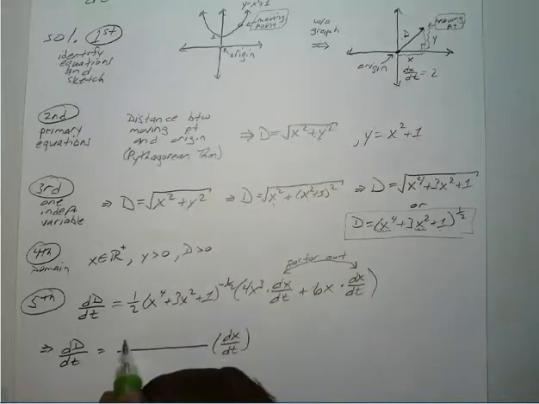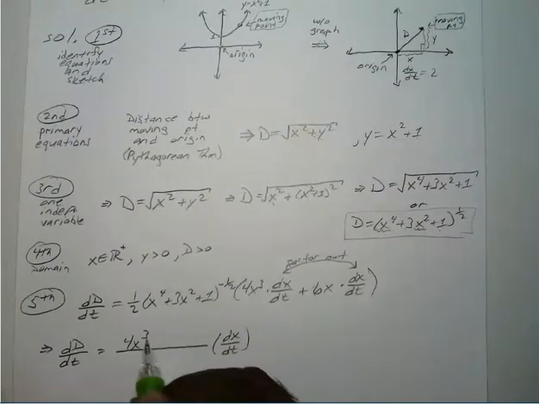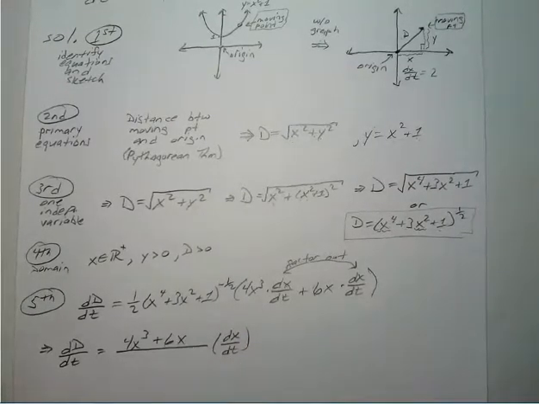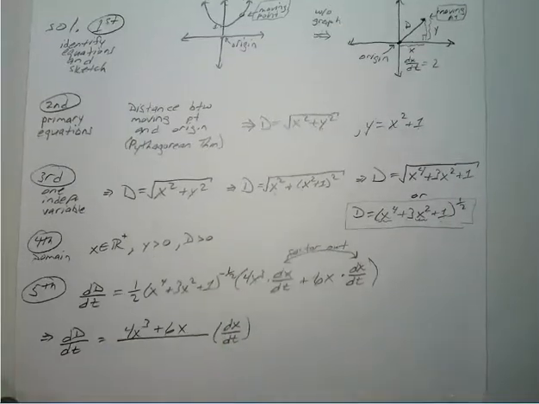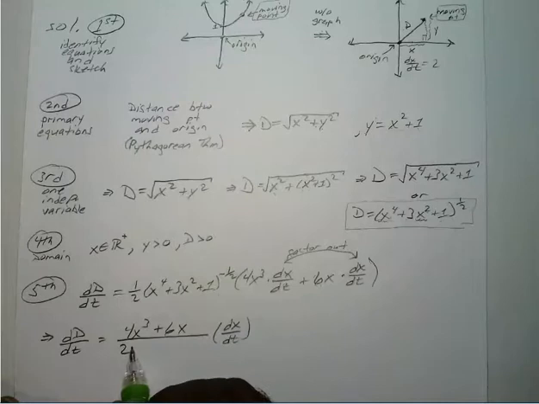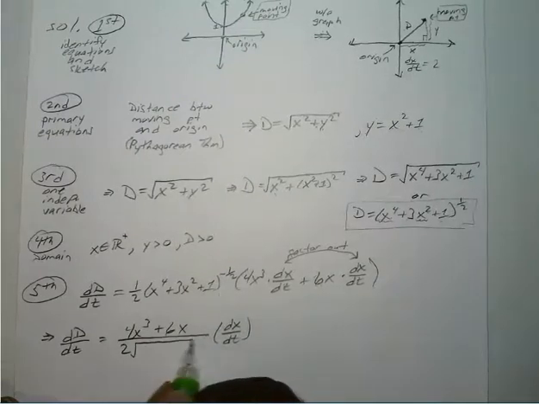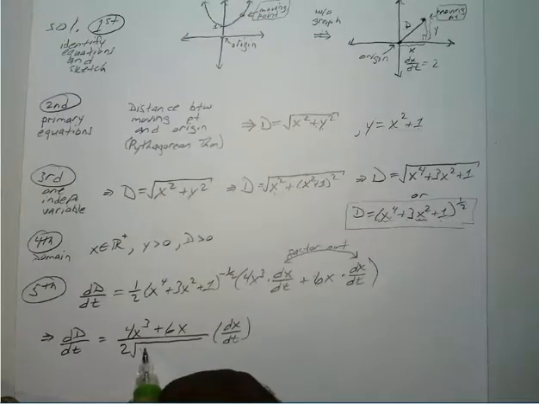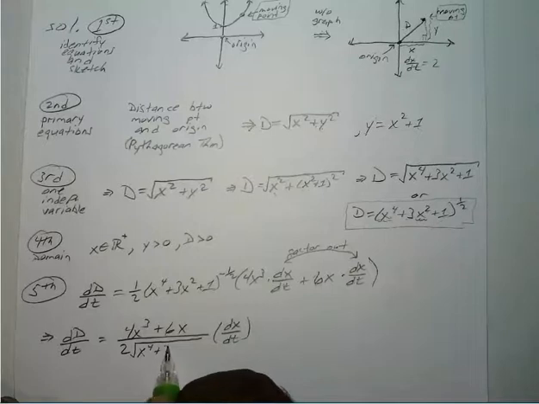So we have 4x to the 3rd plus 6x. And that negative 1/2, so we know this goes in our denominator. So you have 1/2, or just 2 in the denominator, times the square root of x to the 4th plus 3x squared plus 1.